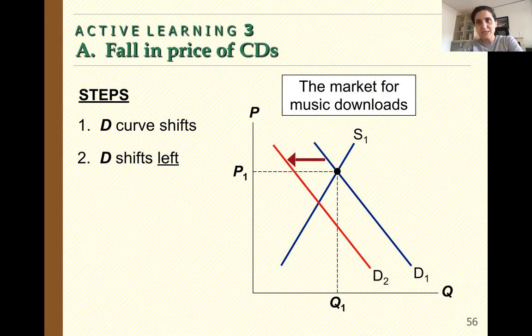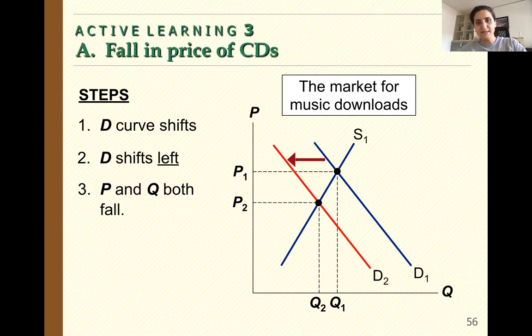Why? Because CDs and music downloads are substitutes. If there's a decrease in the price of CDs, demand for CDs will increase, and demand for music downloads will decrease. Then equilibrium price and equilibrium quantity decrease with only a change in A, in scenario A.